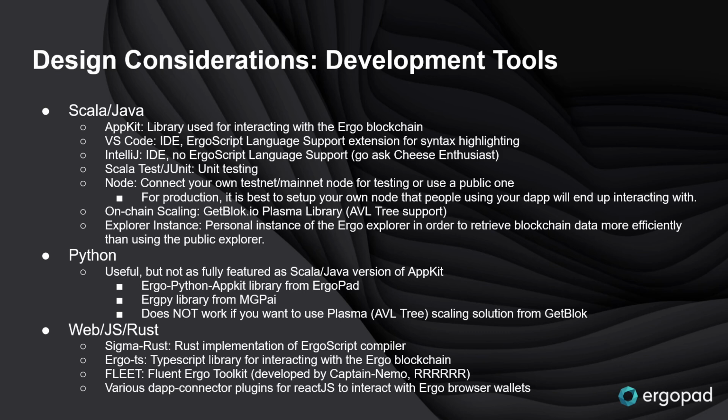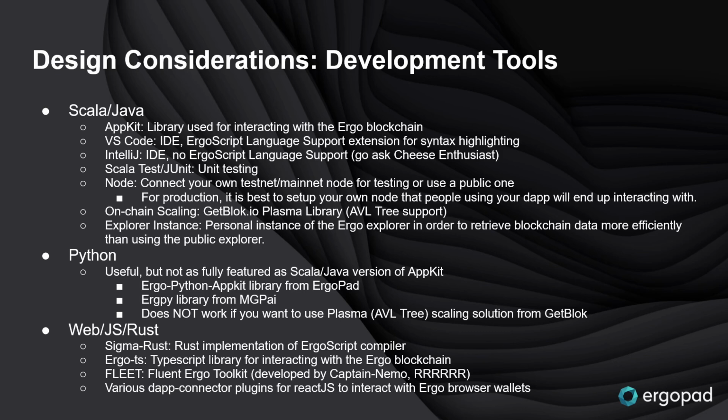And then if you're more interested in web development, there is a JavaScript / Rust implementation of the Ergoscript compiler. That's what Sigma Rust is. Ergo TypeScript is a library for interacting with the Ergo blockchain using TypeScript. And then there's a new one called Fleet that's being developed by Captain Nemo, and it's called the Fluent Ergo Toolkit.